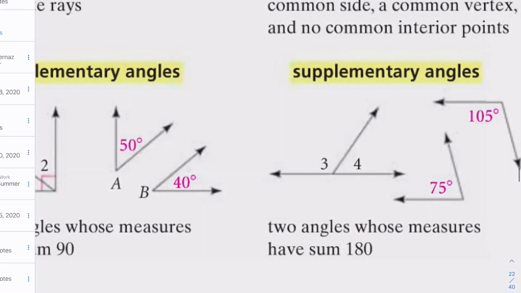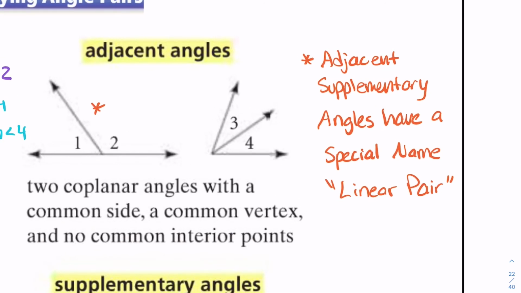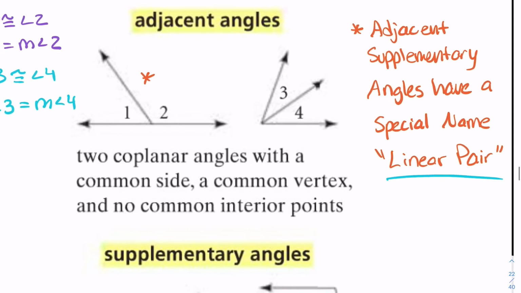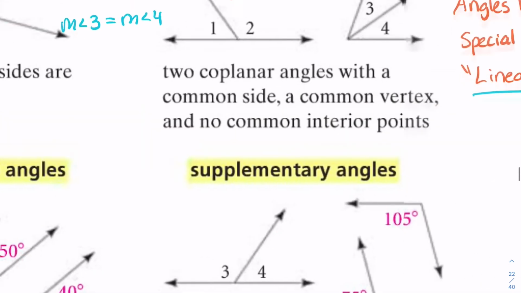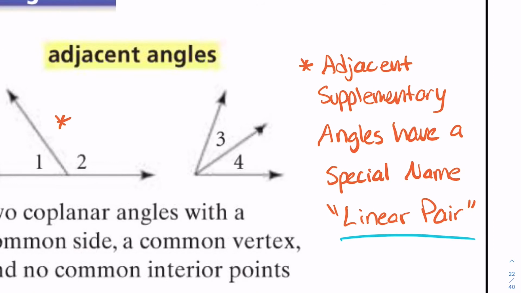All right. So just add that little definition. I don't know if it comes up in our lesson, but if you need to add it, it's right there. Again, these are both adjacent, but if they are adjacent and supplementary, they also have a special name called a linear pair.